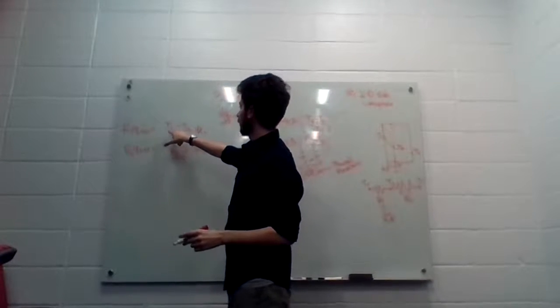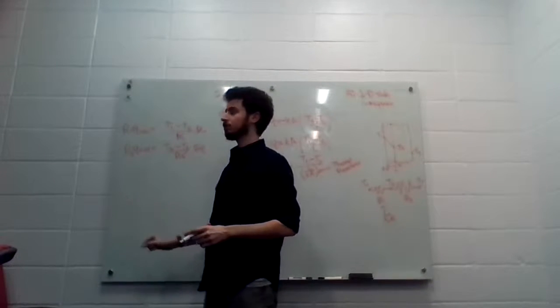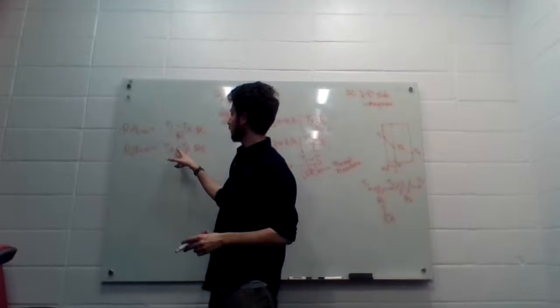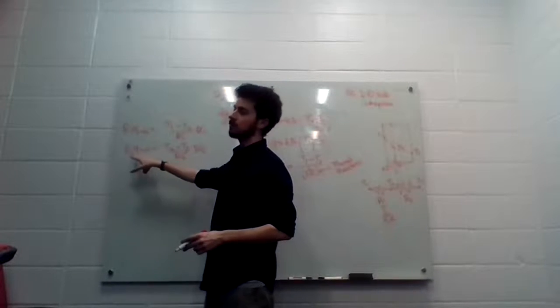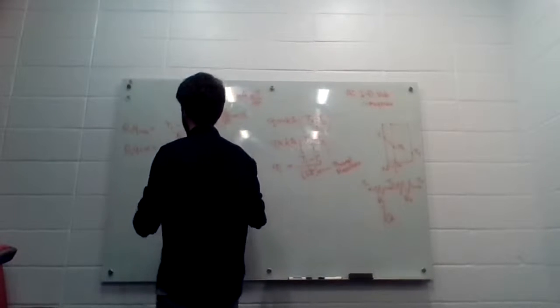And now we've got T1 minus T2 equals R1 times Q 1 to 2, and T2 minus T3 equals R2 times Q 2 to 3. So now we're going to add these two together.